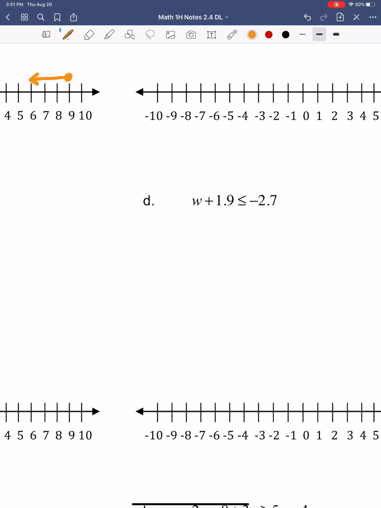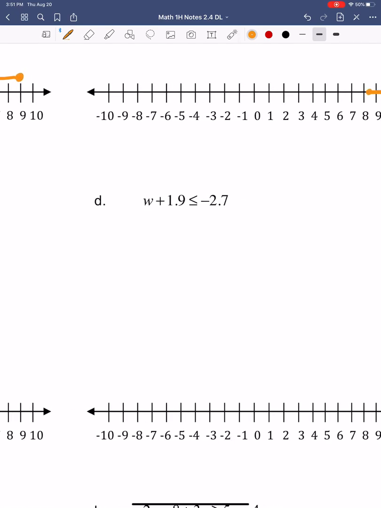Keep it moving here to letter D. I'm going to go ahead and subtract my 1.9 here. So we get w is less than or equal to, so we need to go ahead and subtract. These are both negative numbers here. I know decimals are a little bit trickier, but same idea.